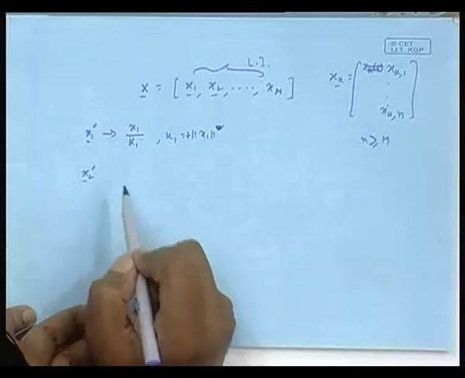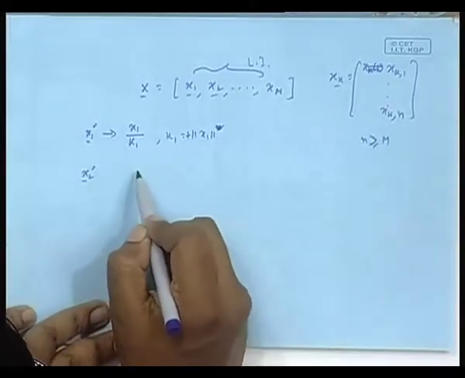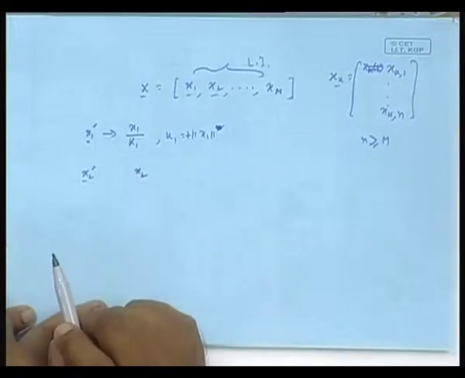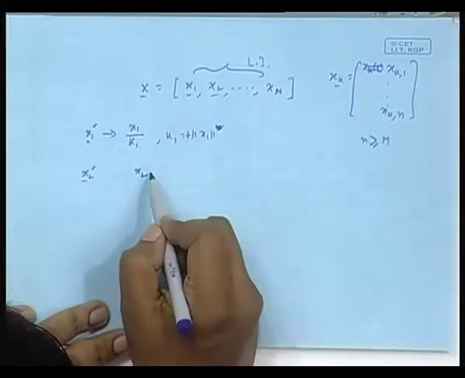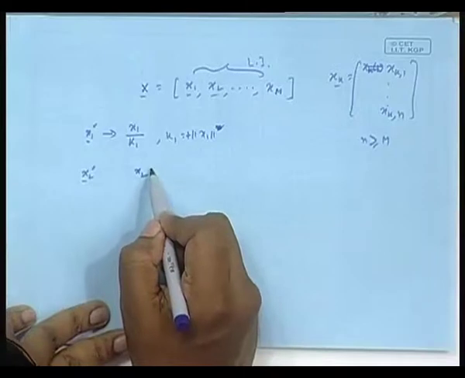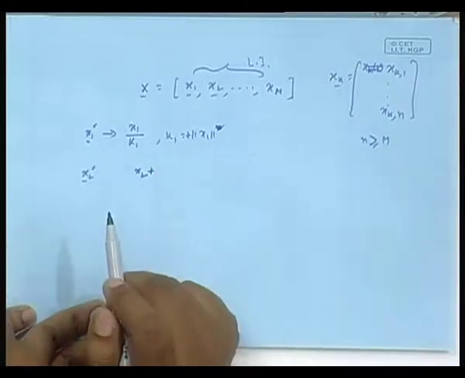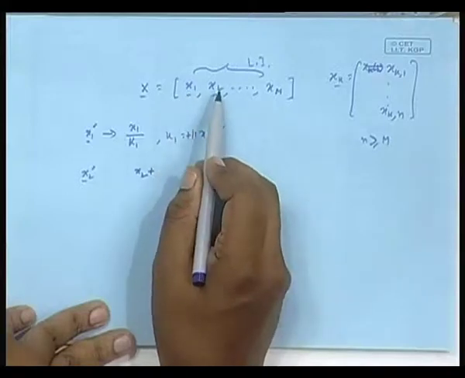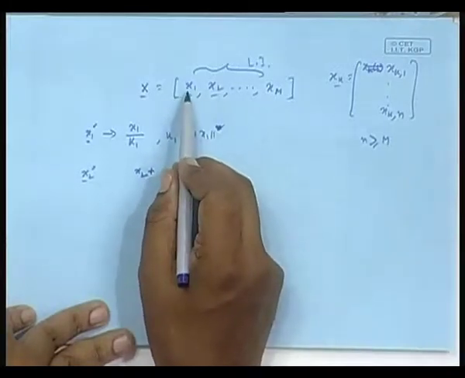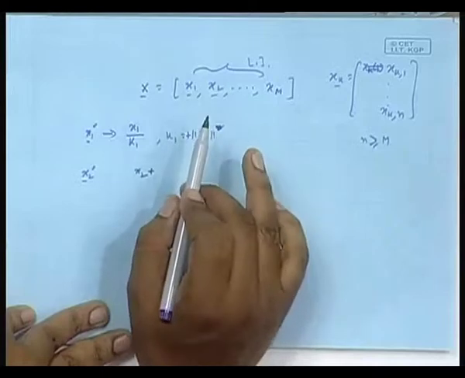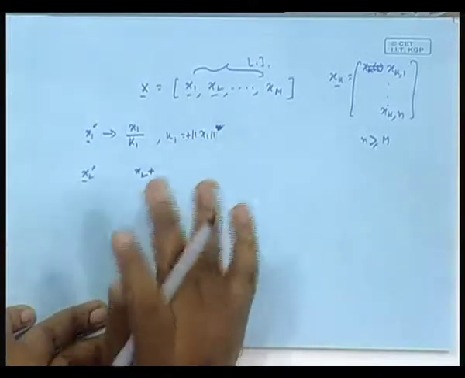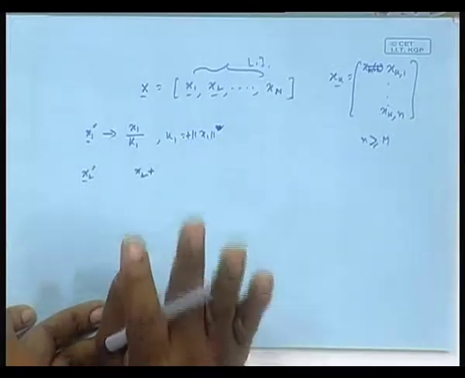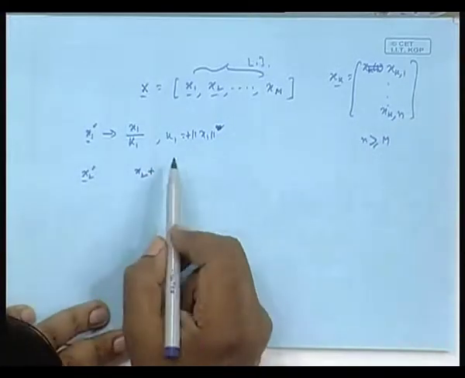How do I develop x 2 prime? First x 2 and some, it should be minus, but I am just putting it plus for the time being, some constant times x 1. What is the constant? The inner product between x 2 and x 1, but I am not much bothered about the nature of that constant formula here, it will be some constant.